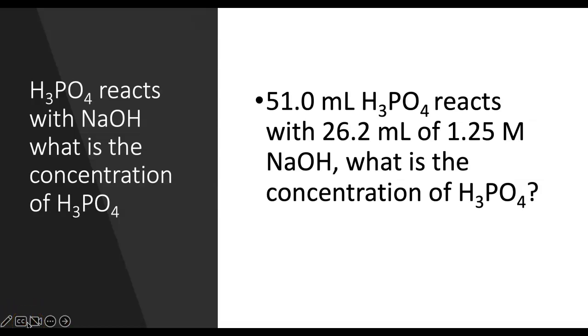Now, if we have an acid and a base reacting in a neutralization reaction, of course our products are salt and water, but in this reaction, we have phosphoric acid reacting with sodium hydroxide. Sodium hydroxide is the base that you use in the lab. Oftentimes, your first thought may be, I've got this problem, I'm going to use M1V1 like I used in the lab.